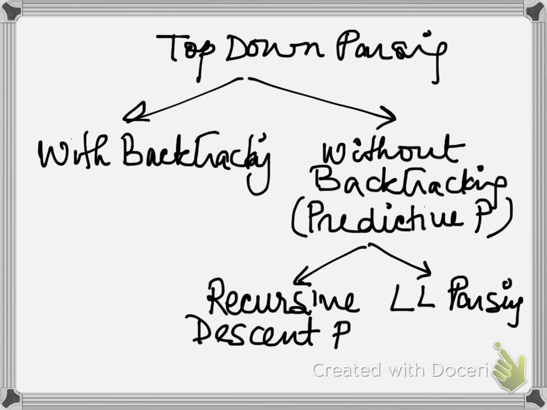So what is the difference between these different categories? Let us start with backtracking parsing. Backtracking means that I have to come back. If I don't find a match, then I have to come back to a particular point and try again. Let's see what it means. Suppose you are here and you are trying to find your friend's house.